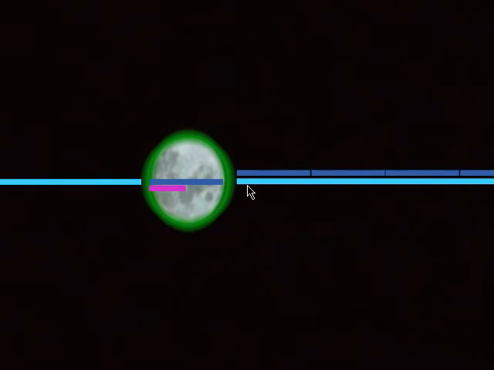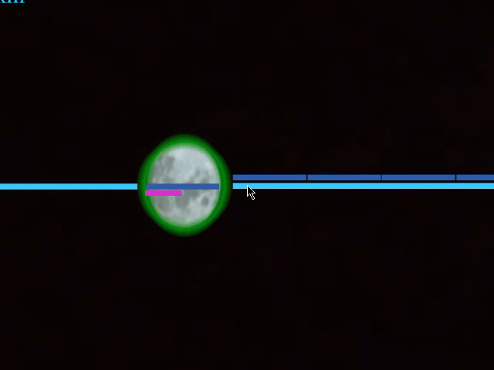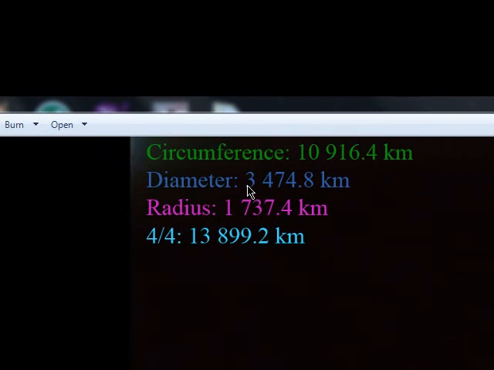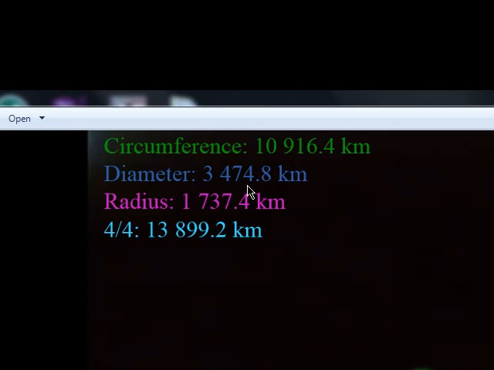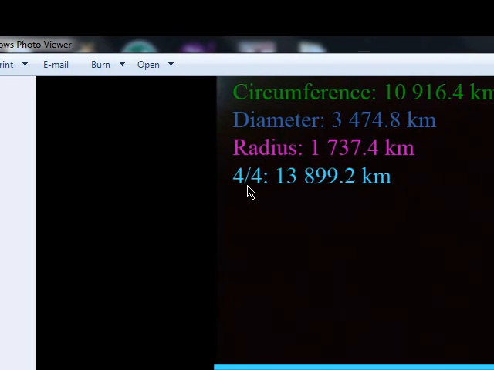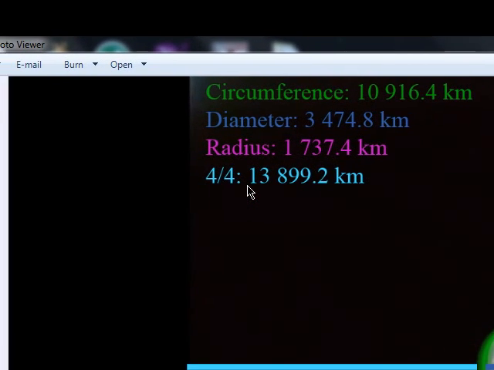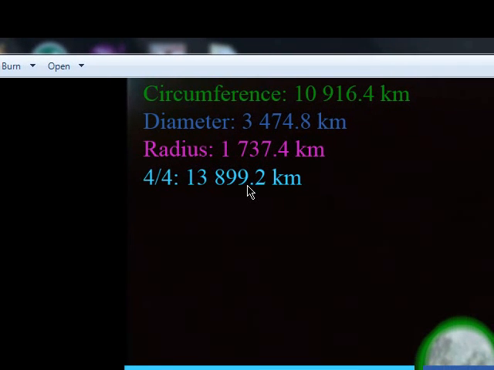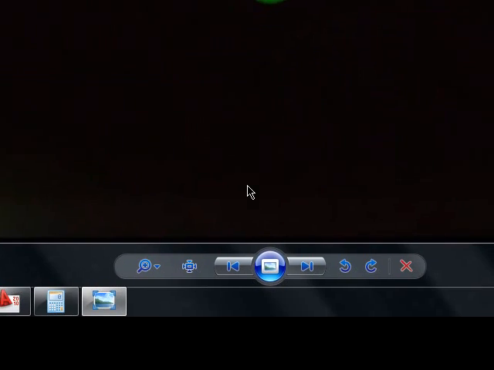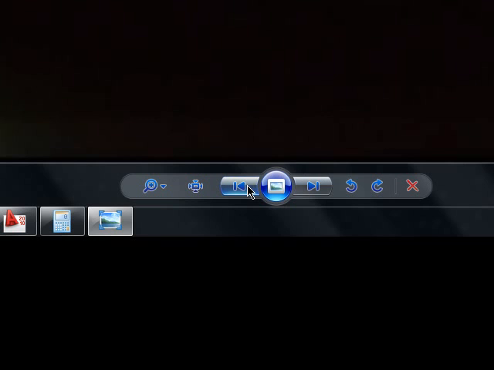As for the light blue line, it fits 4 diameters across. As you can see, 1, 2, 3, 4. So I took the diameter of 3,474 times 4 portions. It gives 13,899. So what I'm going to do is I'm going to show you my drawing.